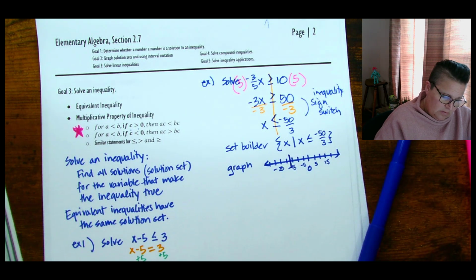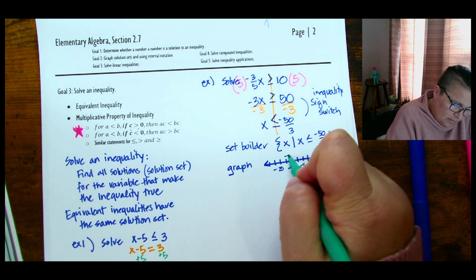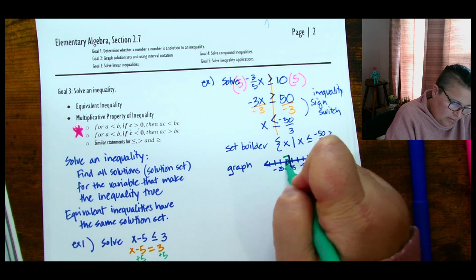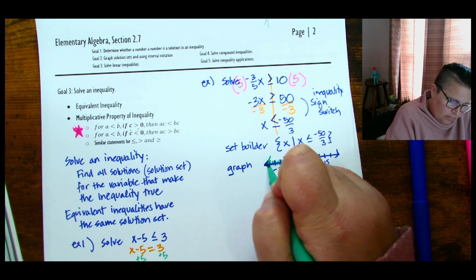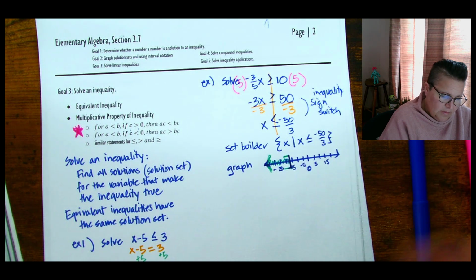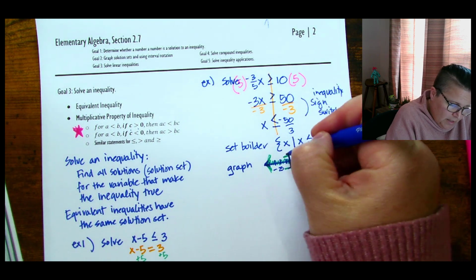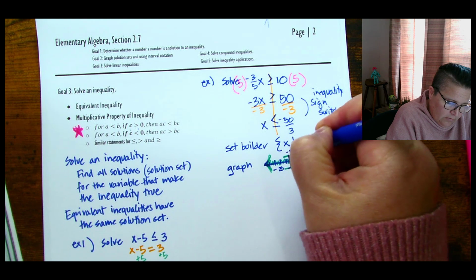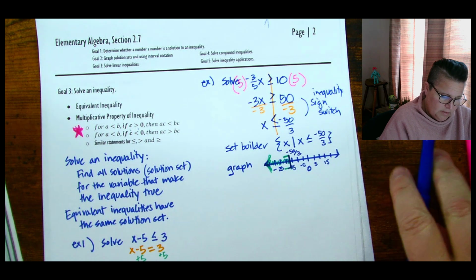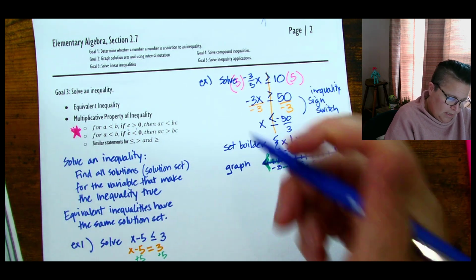Okay, so we're going to do this, and we're going to fill it in this way. And I've got the relative position okay. So I'm just going to call that negative 50 over 3 so that it's marked. I've done my square bracket.